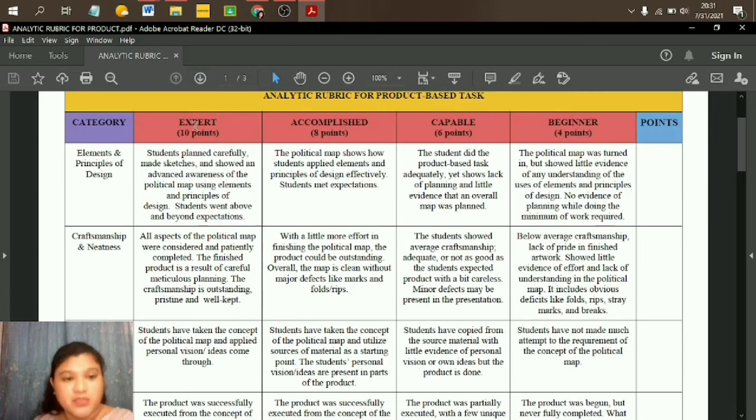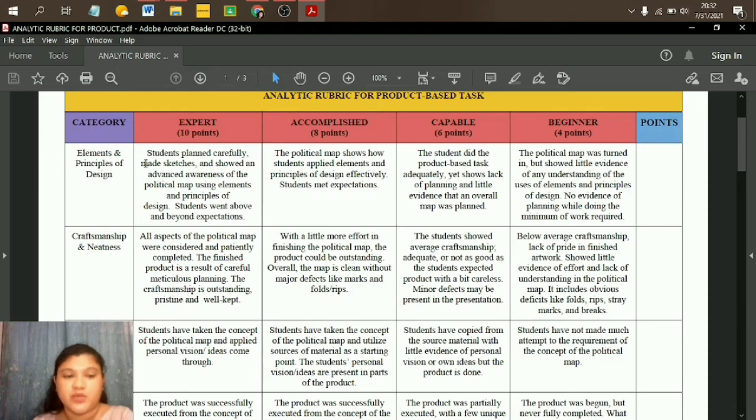If you are an expert, it is 10 points, accomplished is 8 points, capable is 6 points, and beginner is 4 points. It would vary, but it would be somewhat similar. There are just some words that would make it differ.